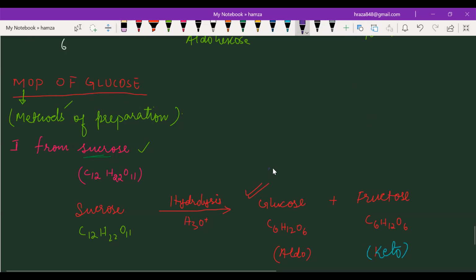Both of you know this is a monosaccharide and this is also a monosaccharide. Yes or no? Yes, sir. Please write it. Then we will talk about the optical activity part.